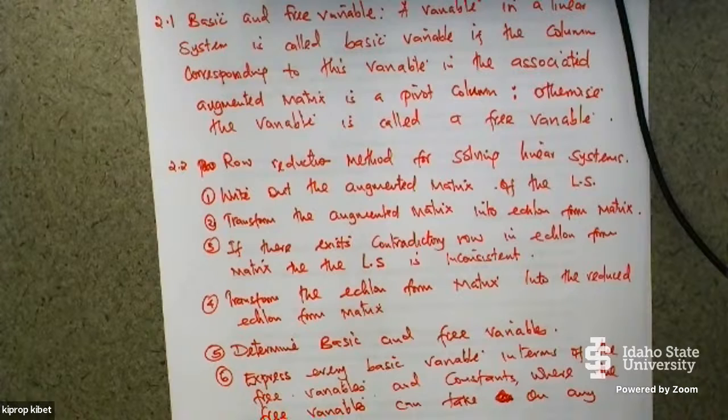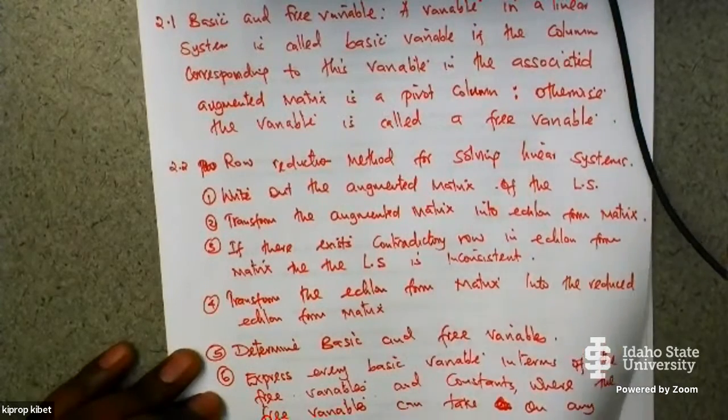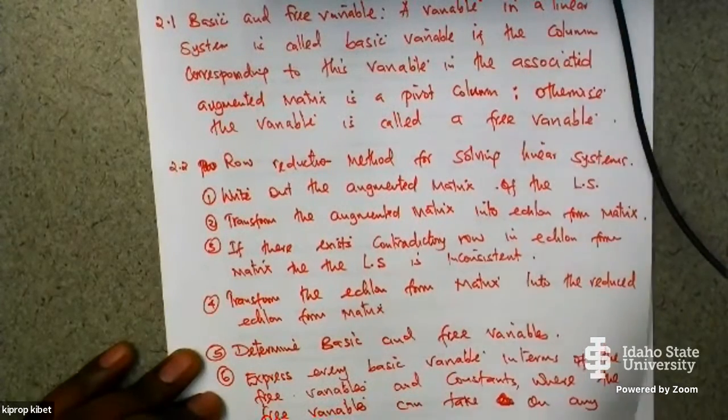So we have done all these steps. The last two are what you need to learn: how to get basic and free variables, and how to use free variables to get any value there. Example number 6 in this section.